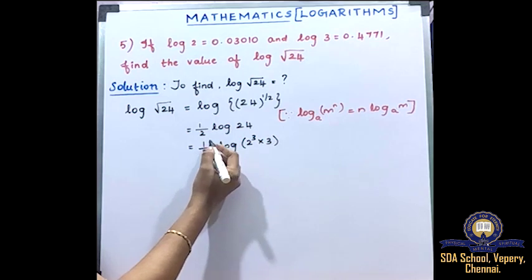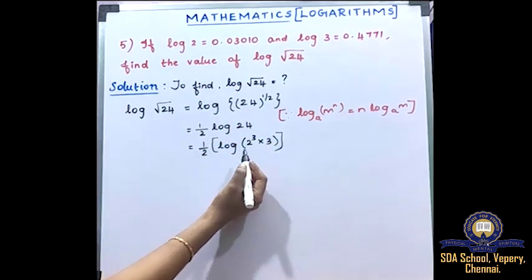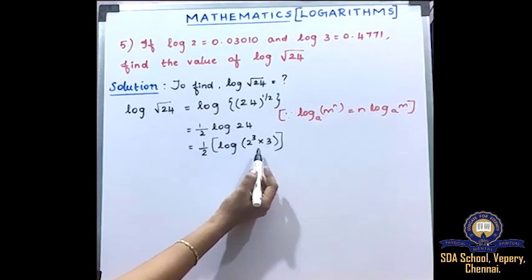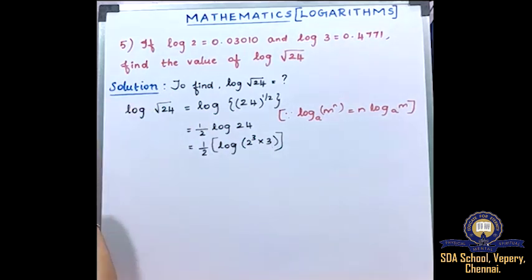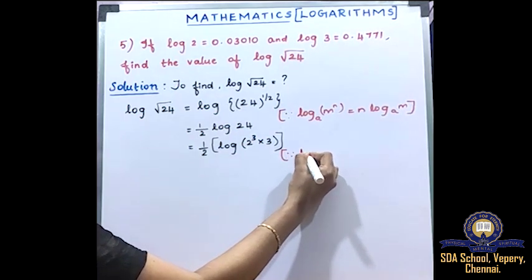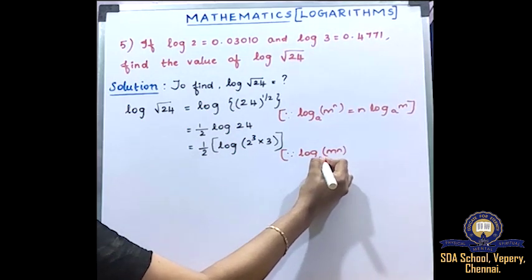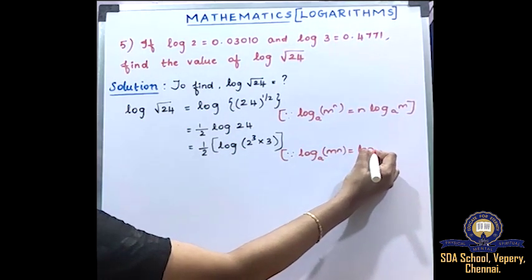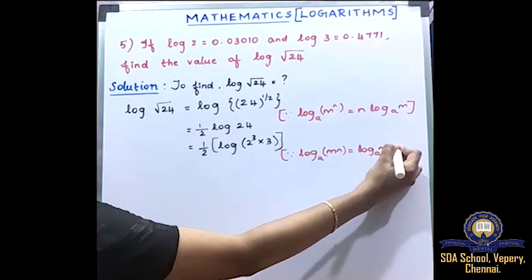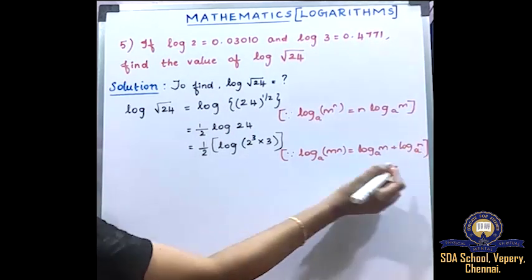Okay. So now, if you observe this, this is in the form of log m into n, right? So, as the law states, log mn to the base a equals log m to the base a plus log n to the base a, right?